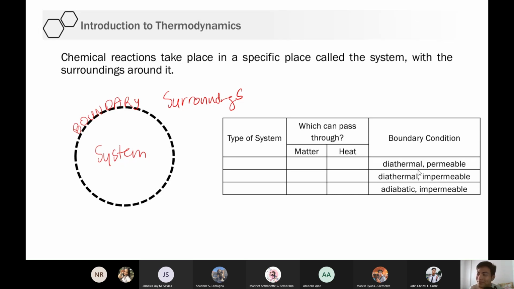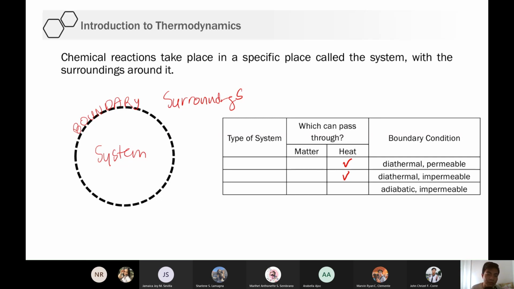Okay. So let's talk about diathermal. Dia meaning dalawa, dalawang temperatures. Ibig sabihin, pwede dito mag-flow yung heat. So diathermal boundaries are boundaries where heat can flow. Bigay tayo example niyan. Kunwari, magkakape ako. Kuha akong baso, lalagay ako mainit na tubig.